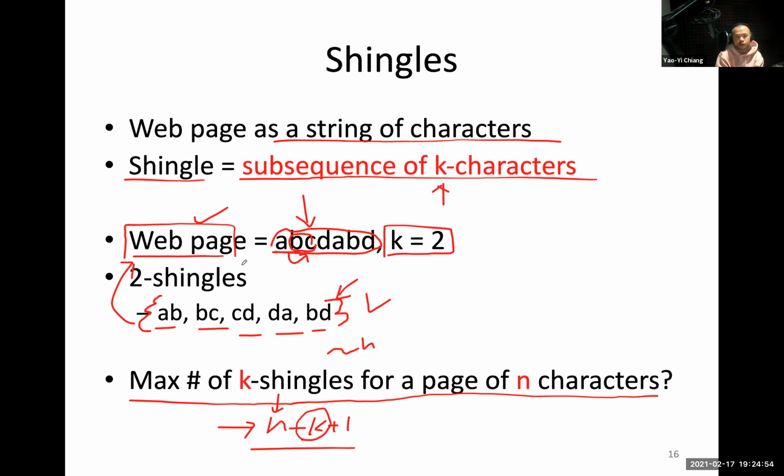If your k is 100, that means your shingle will be 100 characters. We're going to talk about how you decide k next. The plus 1 is because you're at the end of the string, but if n is really large, we can ignore this. So approximately n shingles for a page of n characters.